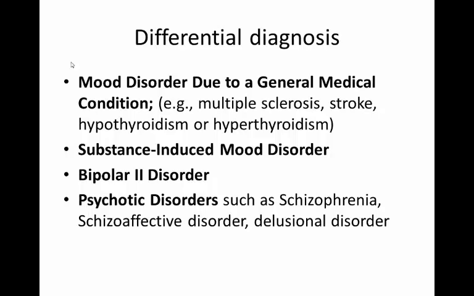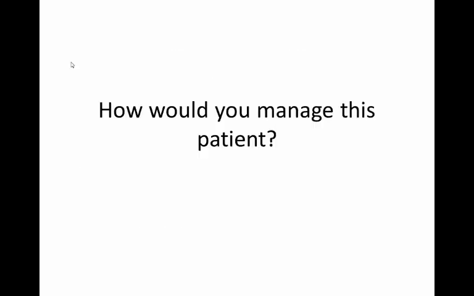Bipolar II disorder, where there are no psychotic features or a less severe form of bipolar disorder. And other psychotic disorders such as schizophrenia, schizoaffective disorder or delusional disorder are the main differential diagnoses.